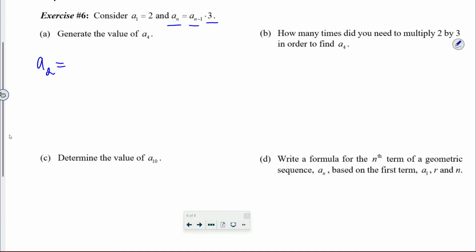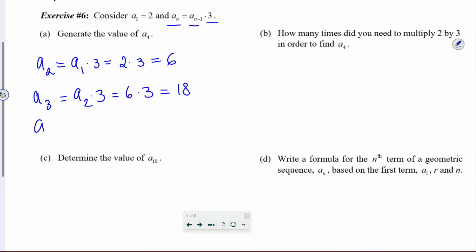So a2 is a1 times 3, that's 2 times 3, which is 6. a3 is a2 times 3, that's 6 times 3, which is 18. And a4 is a3 times 3, that's 18 times 3, and that's 54.